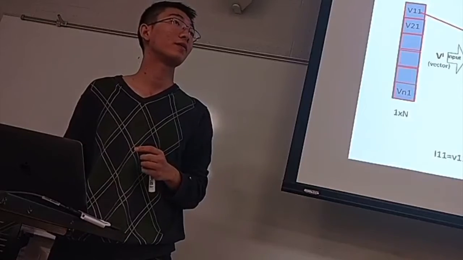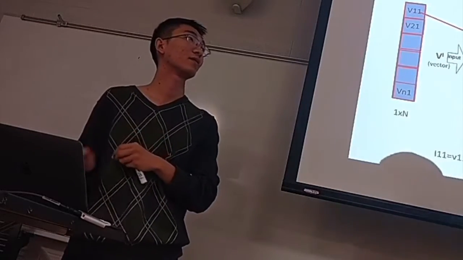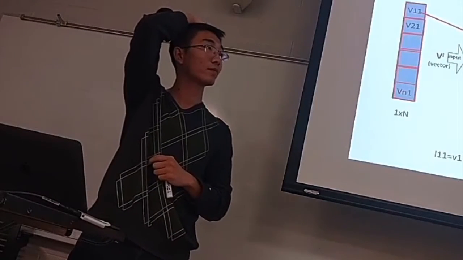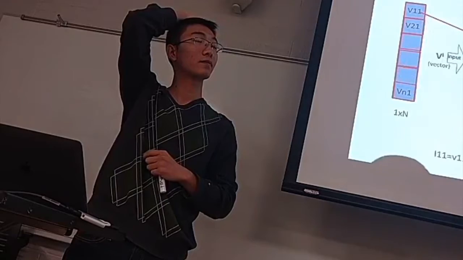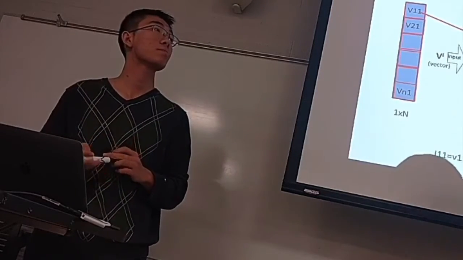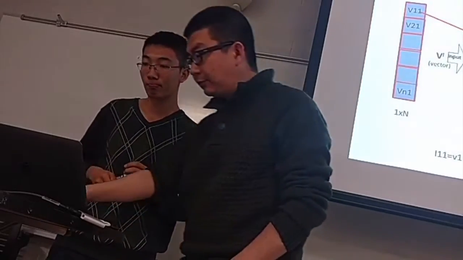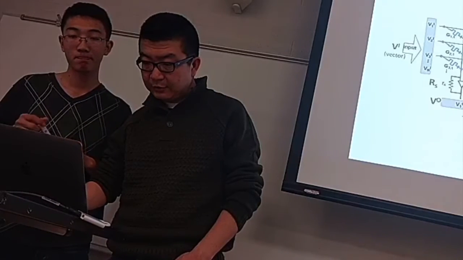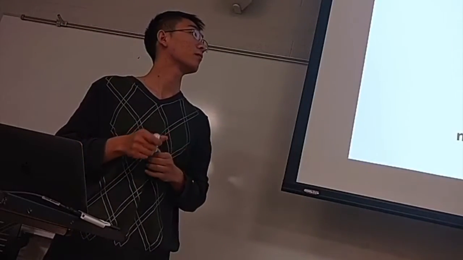Okay, so in order to finish your project, of course, you need to do a lot of very hard work, finish a lot of the technical part. But what's more important is how to sell your story, how to sell your project. So basically, he is trying to architect another accelerator for a simplified CNN model.